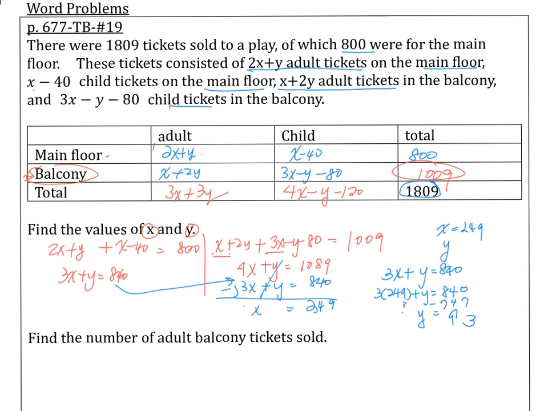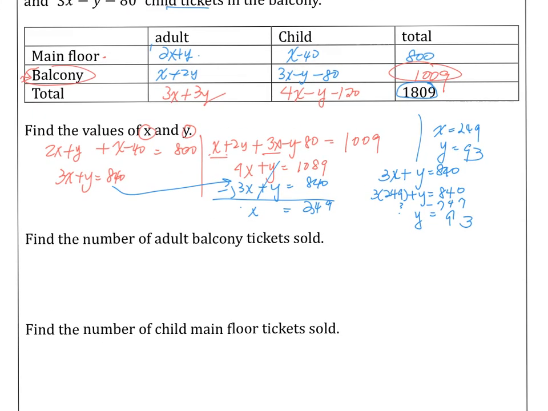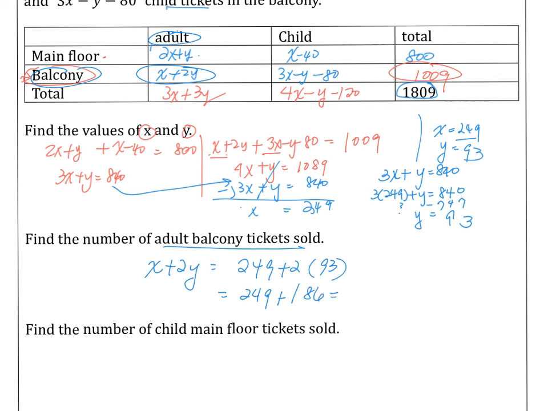So y will be 93. And the next part wants you to find the number of adult balcony tickets sold. So I need to go to adult, I'm going to look at balcony, and I'm going to look at x plus 2y. I'm going to substitute x with 249 and y with 93. And this will make 186. And the total will be 435.